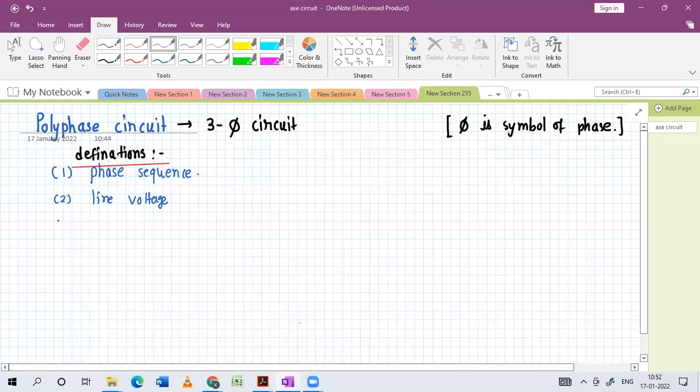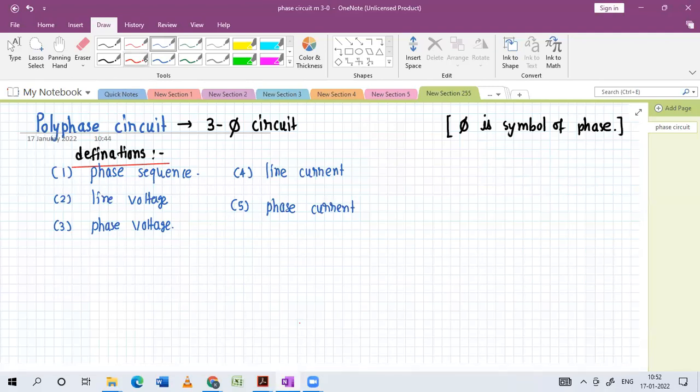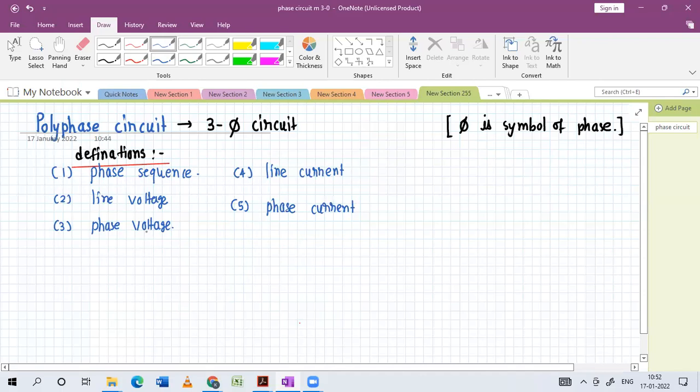Third one is the phase voltage. Fourth one is the line current. And the fifth one is the phase current. So in the last session, we discussed these definitions.